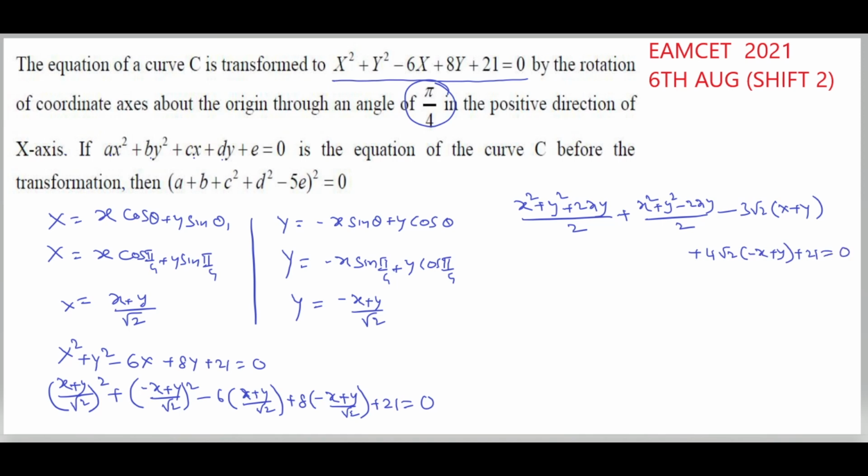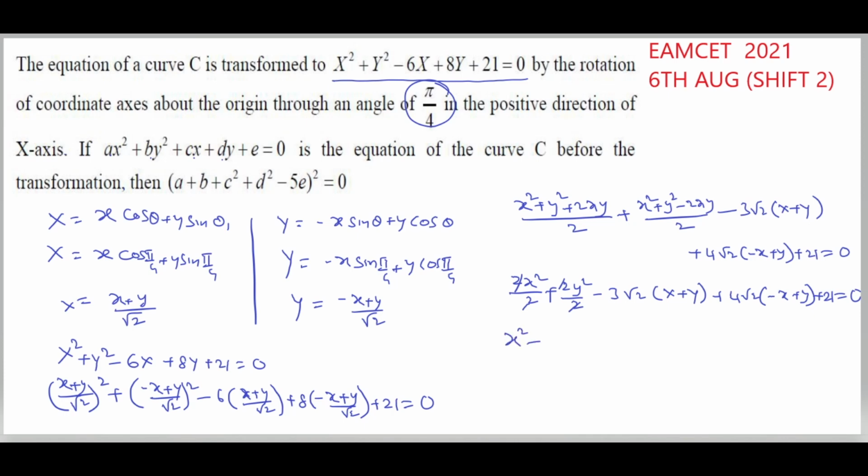Here take the LCM. 2xy minus 2xy cancel, x square plus x square is 2x square by 2, plus y square plus y square is 2y square by 2, here the 2 cancels, minus 3 root 2 into x plus y plus 4 root 2 into minus x plus y plus 21 is equal to 0.